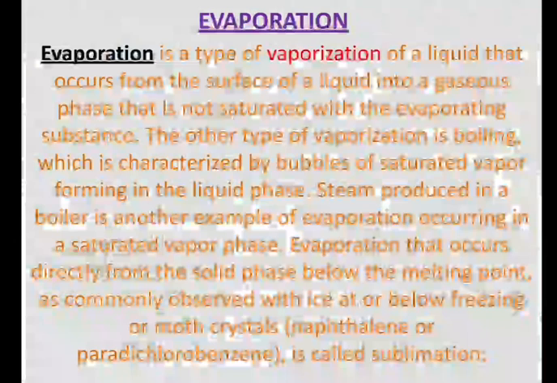The other type of vaporization is boiling, which is characterized by bubbles of saturated vapor forming in the liquid phase. Steam produced in a boiler is another example of evaporation. Now, evaporation that occurs directly from the solid phase below the melting point, as commonly observed with ice at or below freezing or moth crystals, is called sublimation.